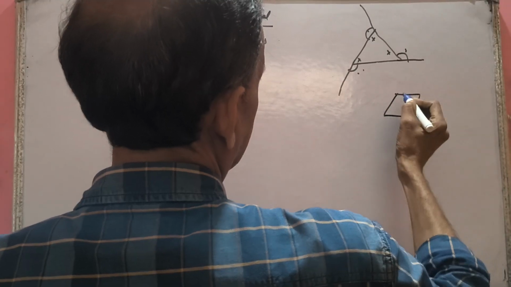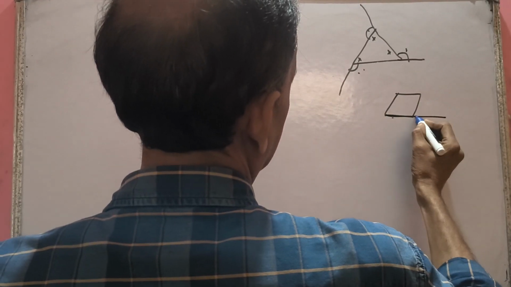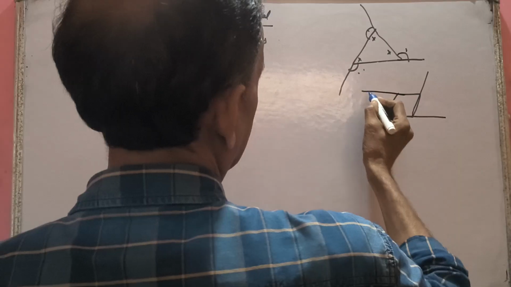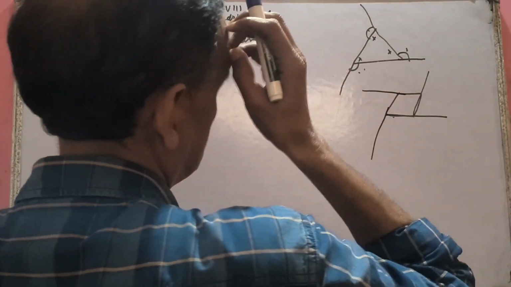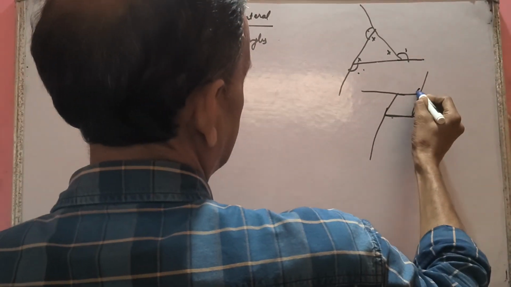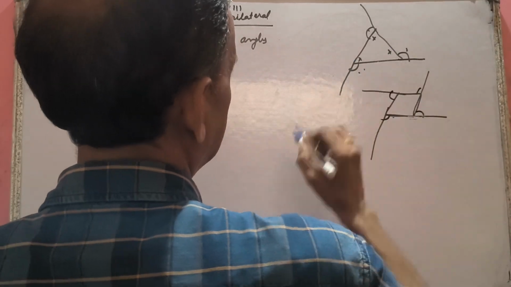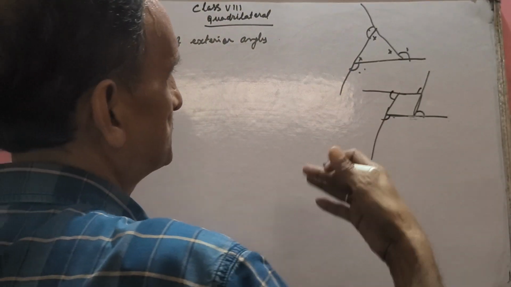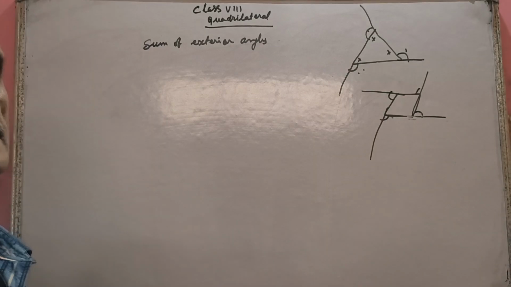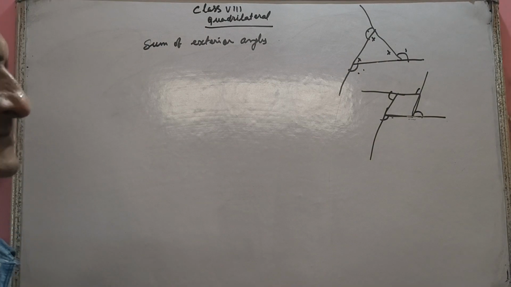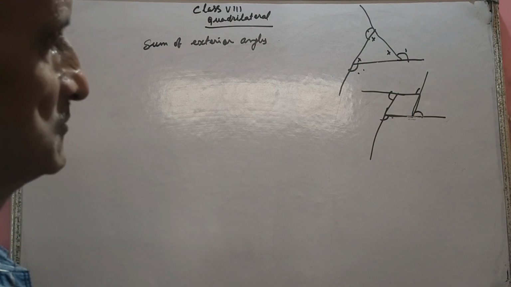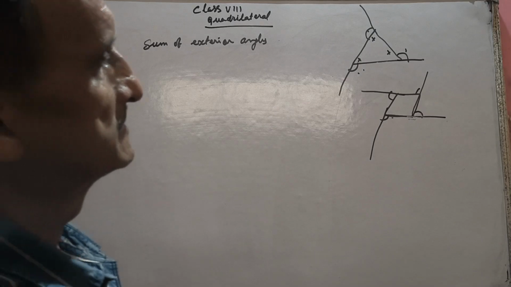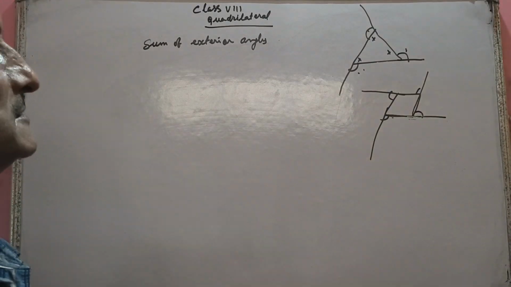When you produce the sides, you will get exterior angles: 4 exterior angles, 3 exterior angles. In a pentagon, we will get 5 exterior angles. Understood? If the sides of a polygon are produced, then exterior angles are formed.